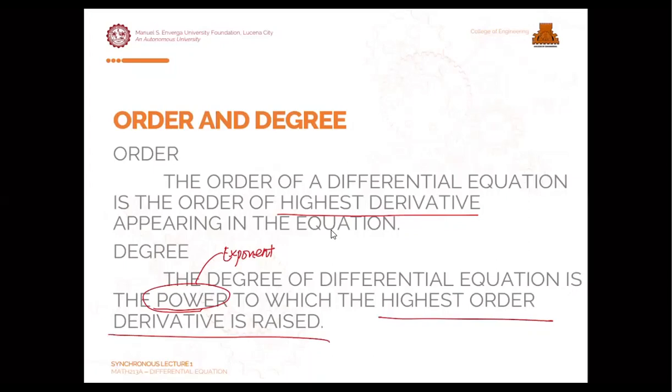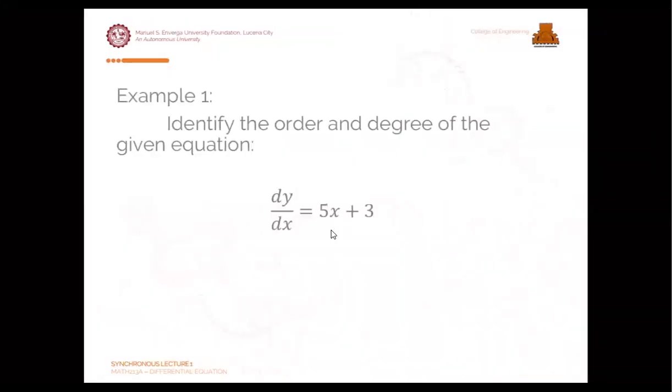Okay. So, paano natin applyan apply natin sa example, 'no? So, let's say we have this first example. Identify daw natin yung order and degree ng given equation. So, we have dy over dx is equals to 5x plus 3. Okay. So, ang hinahanap natin, order muna. So, pag order ang hinahanap natin, kailangan natin tingnan is yung derivative, 'no?